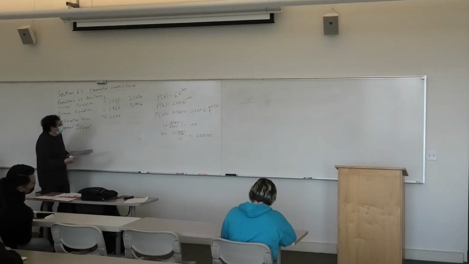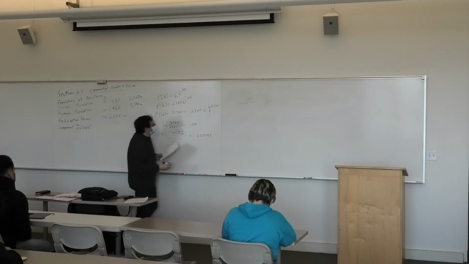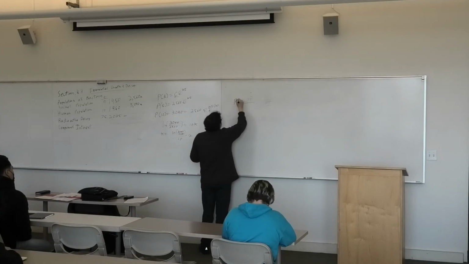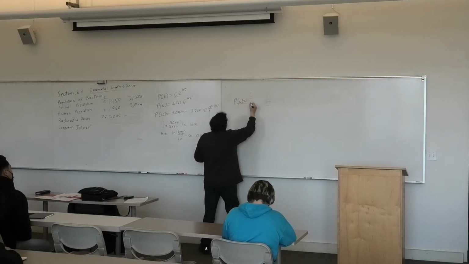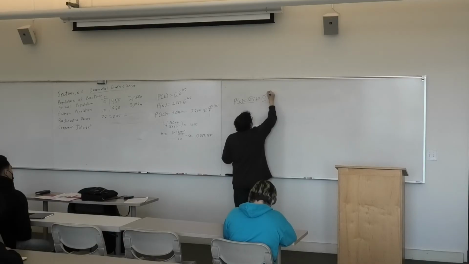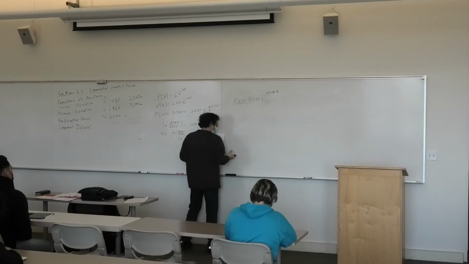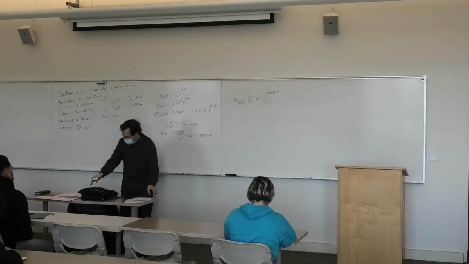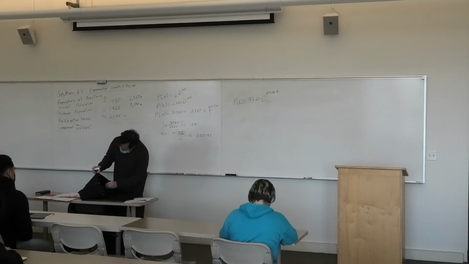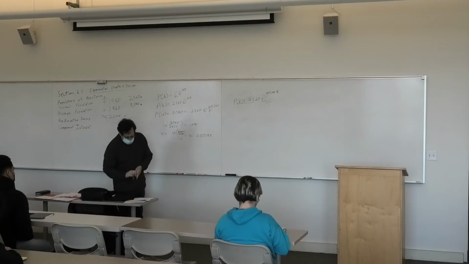Okay, so now all we have to do is plug in. We have our equation, right? P of t equals 2560 e to the 0.017185 t.